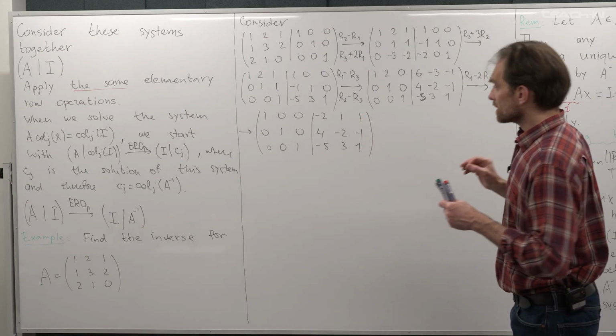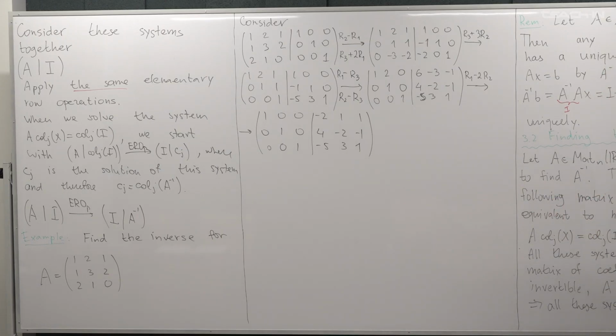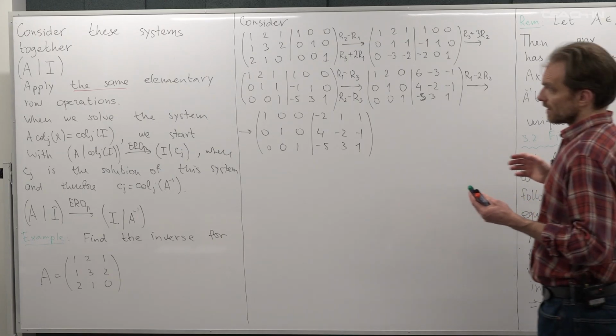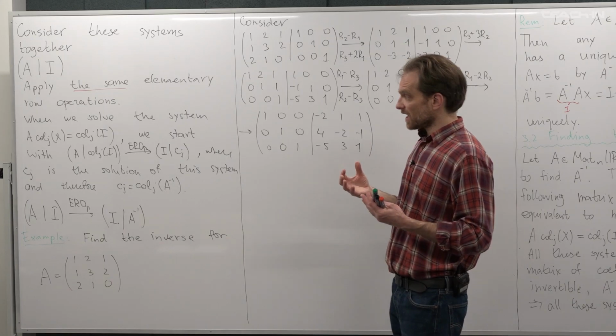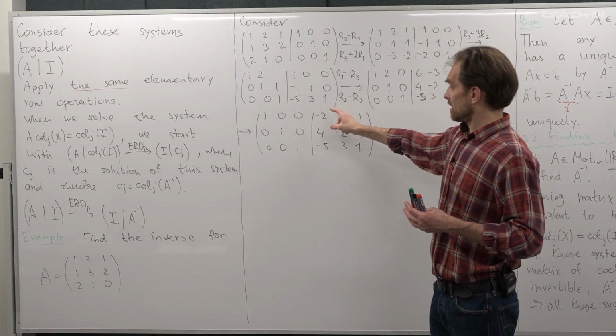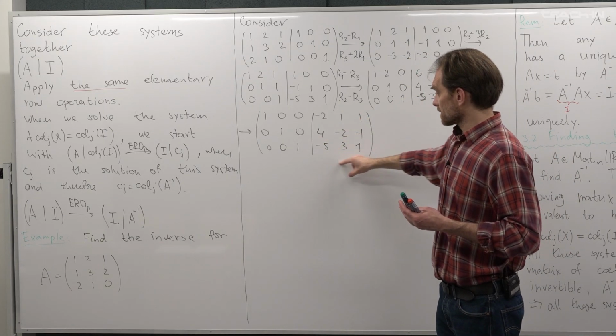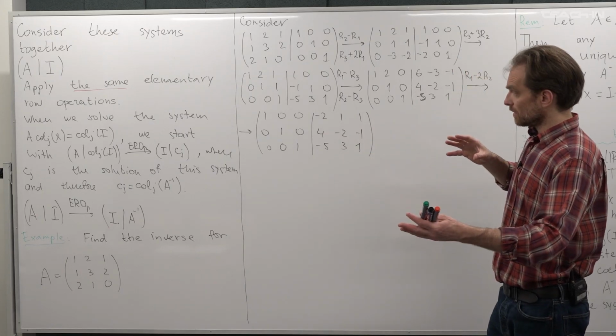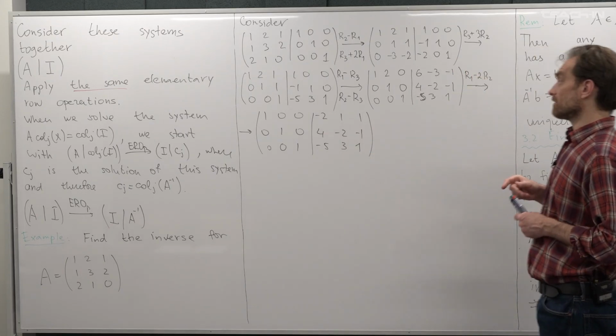So we cannot yet claim that this is the inverse just because we need to check both relations. So what relations? This matrix multiplied by the original one from the right and from the left should give the identity.